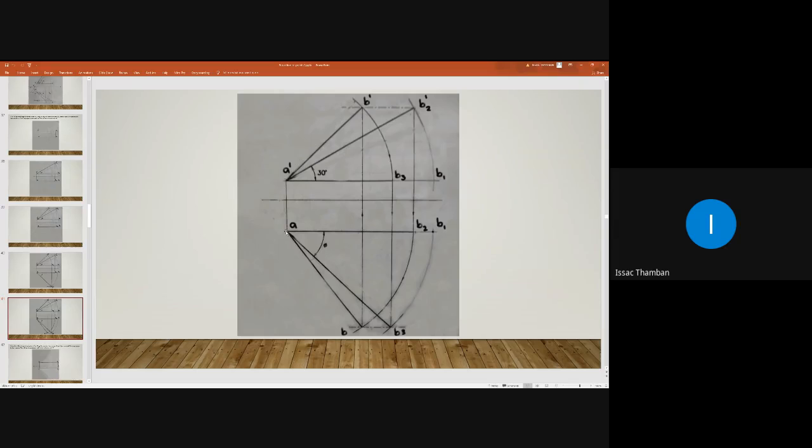Have you obtained AB? Direct a perpendicular from B dash. Intersect the locus plane here. Then connect AB.